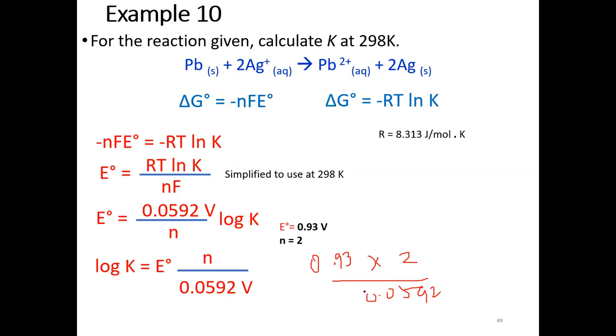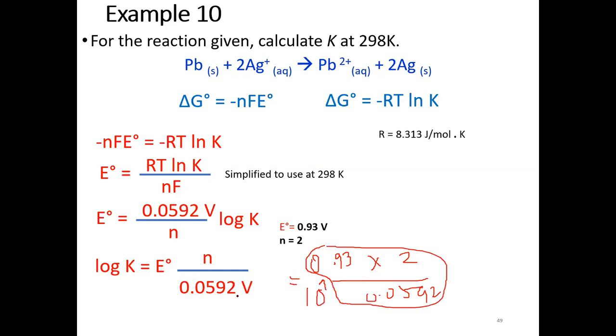0.93 times 2, and that's divided by 0.0592. So finally my number stands, because that's 10 to the power of this in my calculator.